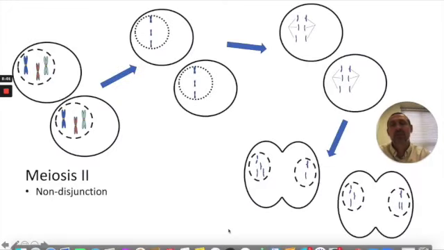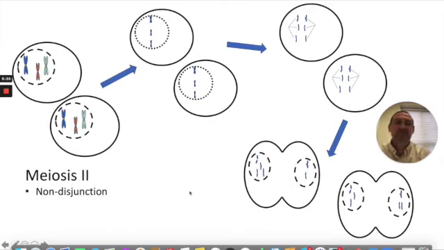Sometimes things go wrong in meiosis 2. One of the problems with meiosis is something called non-disjunction. It's when the chromosomes aren't separating properly, and in this case, you'll notice that we wound up in telophase with too many chromosomes in one of the nuclei and too few in the other.